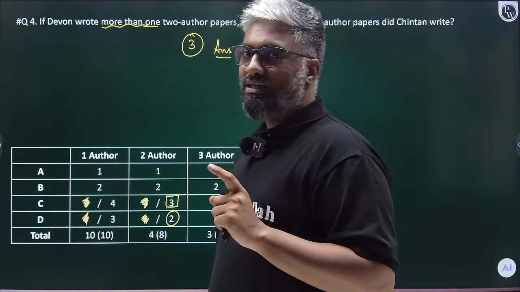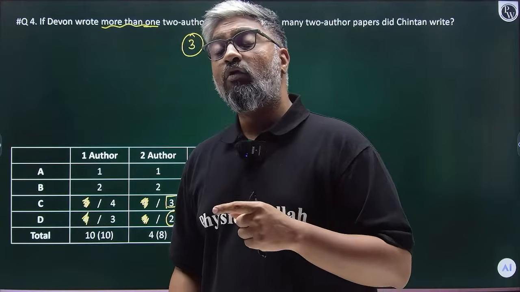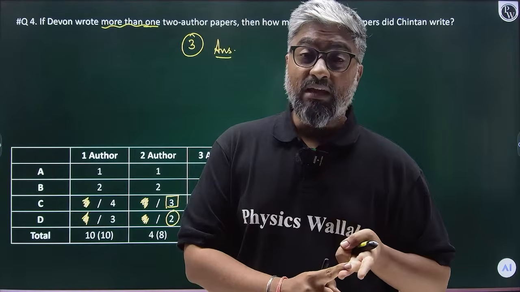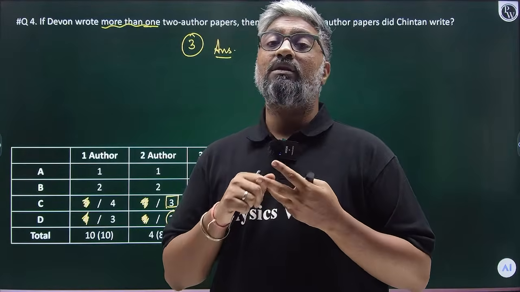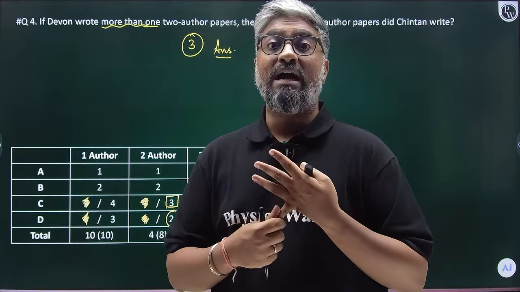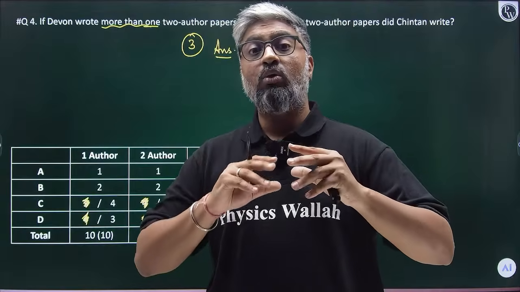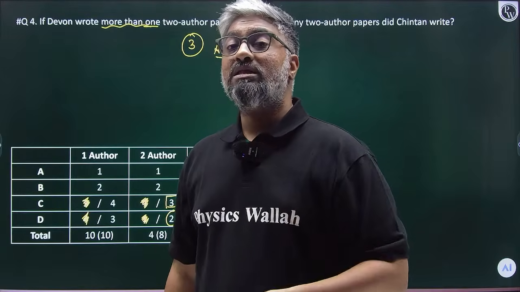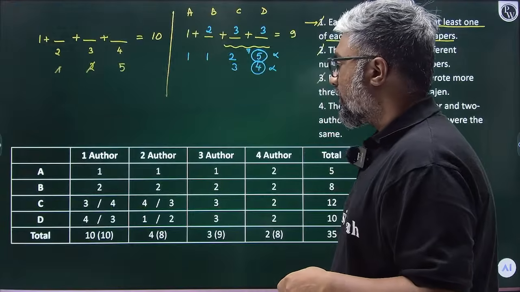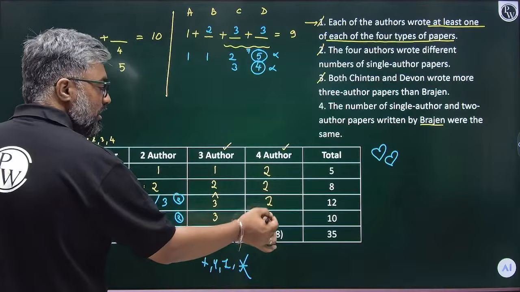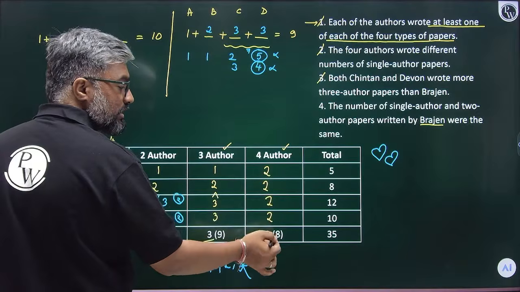Was this an interesting set? Yes. Did it involve Venn diagrams? Very much. Did it involve distribution? Very much. Did you also have to be comfortable with trial and error? Yes. Did you also have to understand how placing the numbers works? Yes. What was the breakthrough for us in this set? Number 1, knowing that these values are all 2 was very important.